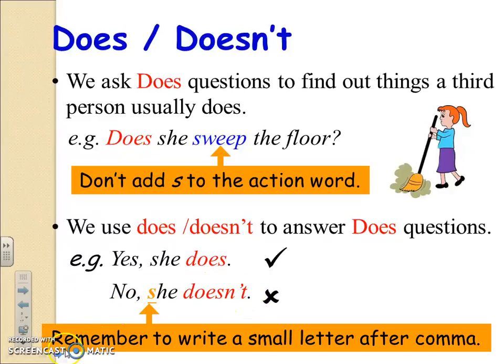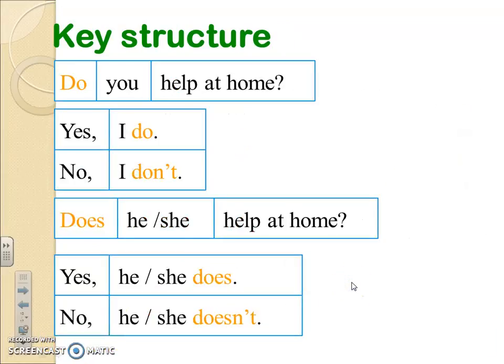Another tip for you. Remember to write a small letter after the comma. You see, small s after the comma. So this is the structure you need to learn for your test and exam. Do you help at home? And then the answer can either be yes, I do, or no, I don't.